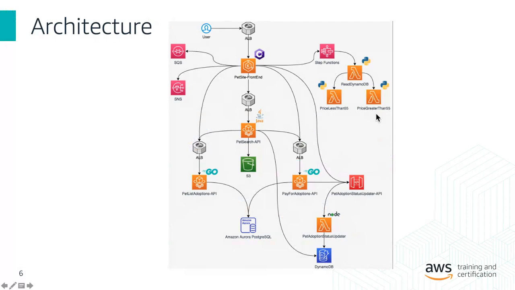And then we also have Lambda functions written in Python and also in Node.js. So we have all kinds of services here. The idea is to simulate that in real life, if you have microservices of a big application, you can face a situation like this, and how CloudWatch could filter all this data. But the application itself is a very contrived example.